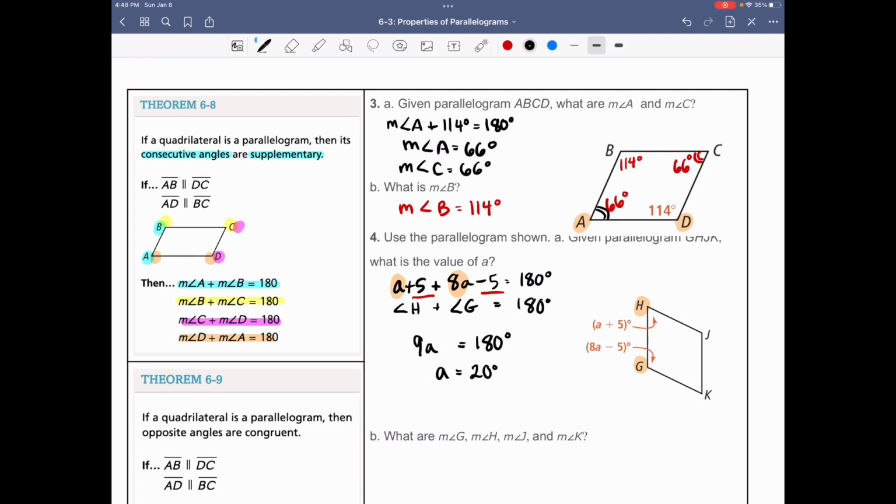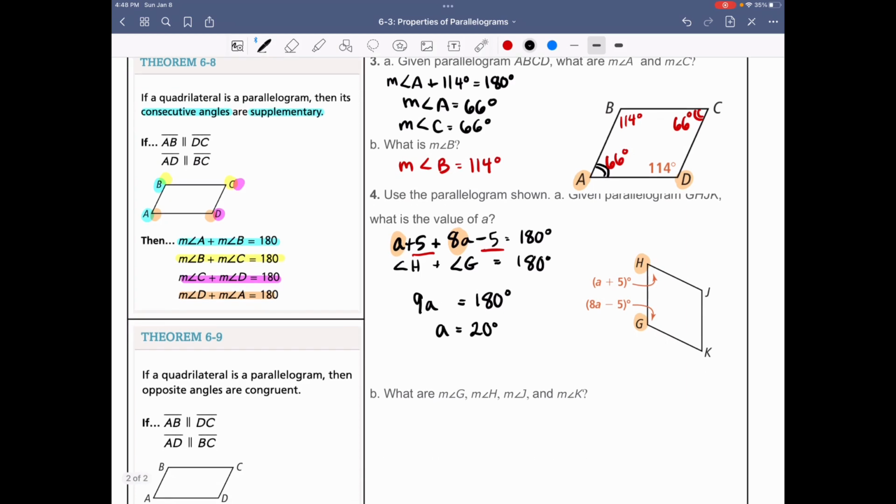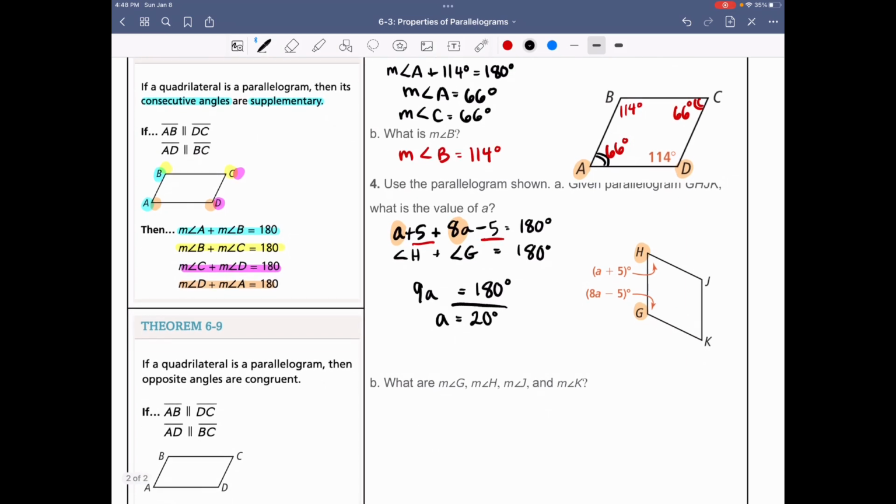Then it's asking, if we know that, then what are the actual measures of all of those angles? So we're going to have to plug this in. And I'm going to plug it into this one first.